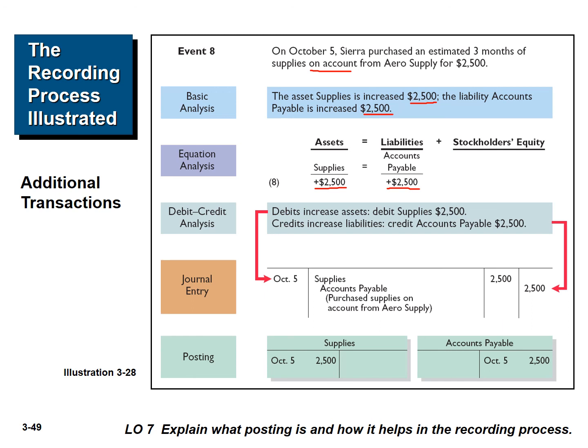How do we increase an asset? With a debit. How do we increase a liability? With a credit. So I'm going to debit supplies and credit accounts payable, then post those to their accounts. That's how you would go through that transaction.